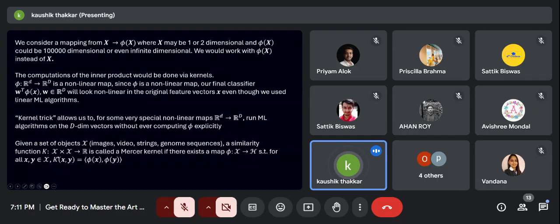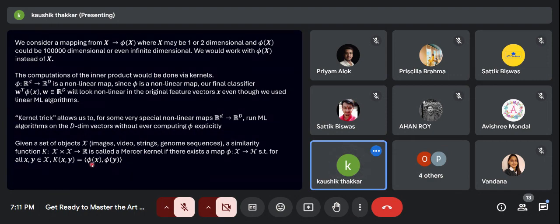See, now what will happen is we were supposed to calculate the inner products of xi and xj, right? Now, if these xi's and xj's are projected to a very high dimensional feature space, then we basically need to compute the inner product of phi of xi and phi of xj. This is what we were supposed to do. For this, we have to multiply, right?